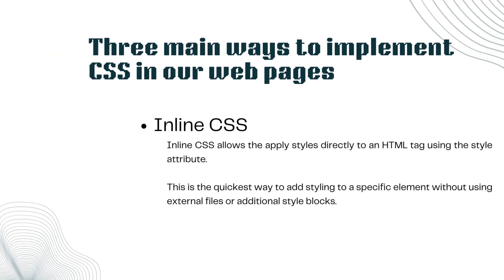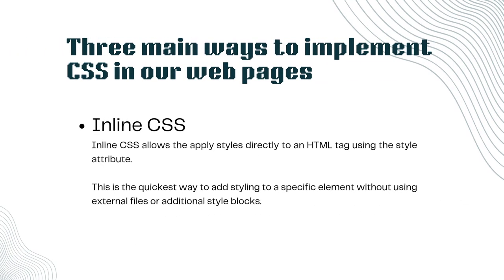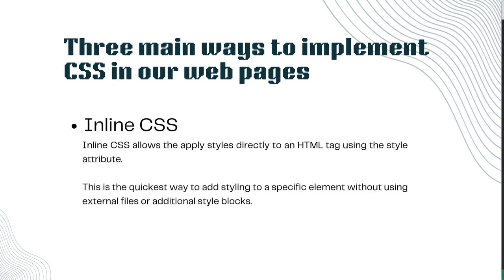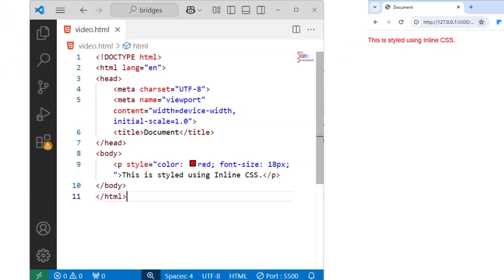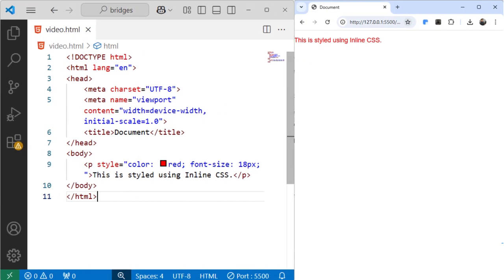First, we have inline CSS, which allows you to apply styles directly to an HTML tag using the style attribute. This is the quickest way to add styling to a specific element without using external files or additional styling blocks.